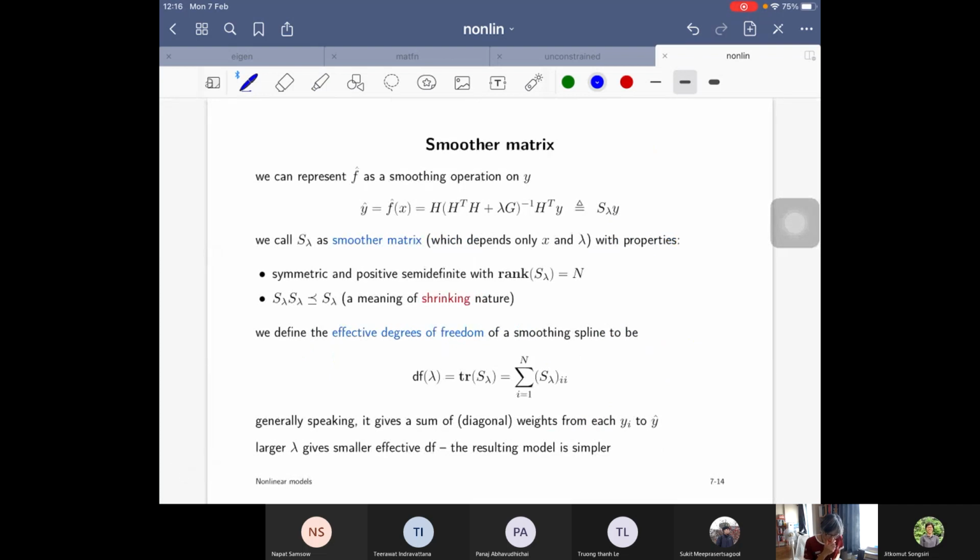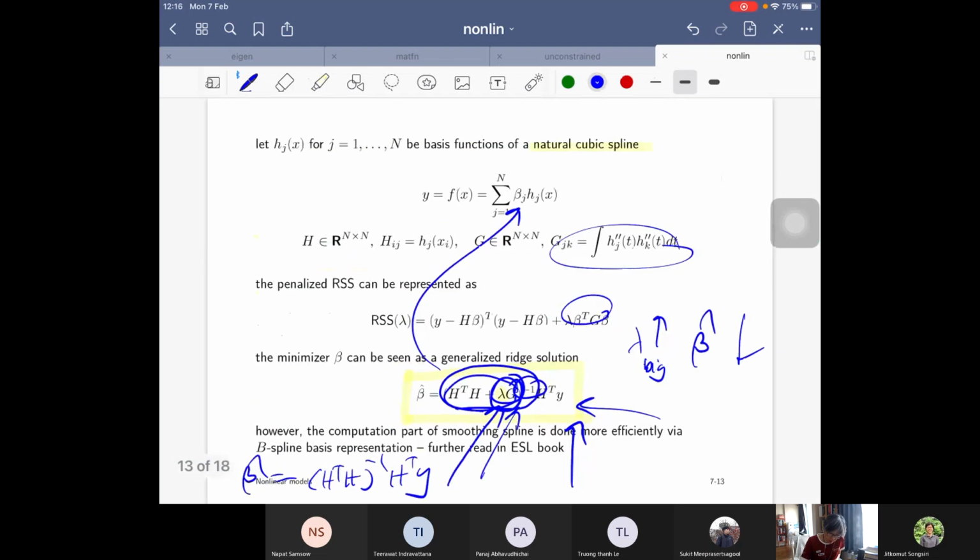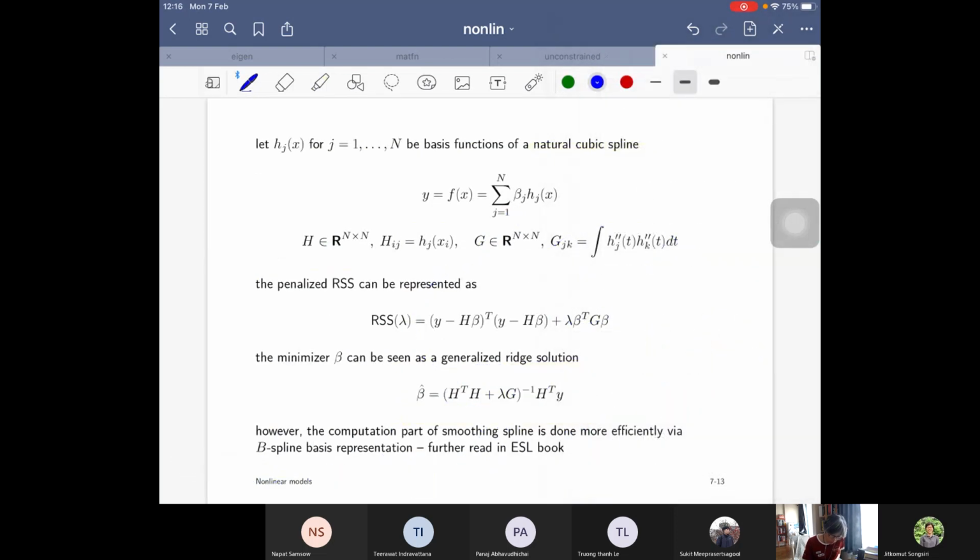Now let's see furthermore on this representation of the solution. When we have beta, so this is your beta, and your h is this. So this is h1, h2 by the column.